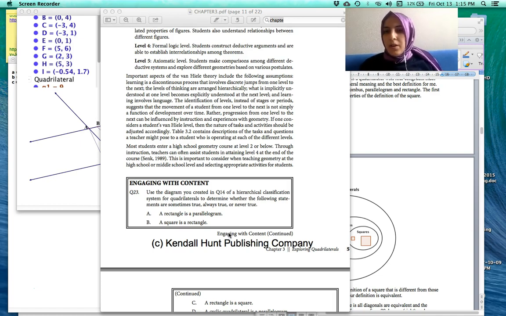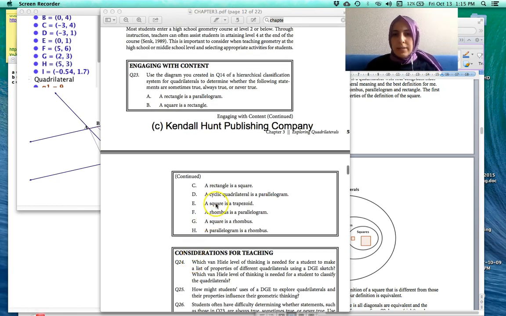Always true. C. A rectangle is a square, sometimes true. D. A cyclic quadrilateral is a parallelogram. It's never true. E. A square is a trapezoid, never true. F. A rhombus is a parallelogram, always true. G. A square is a rhombus, it's always true. H. A parallelogram is a rhombus, sometimes true.